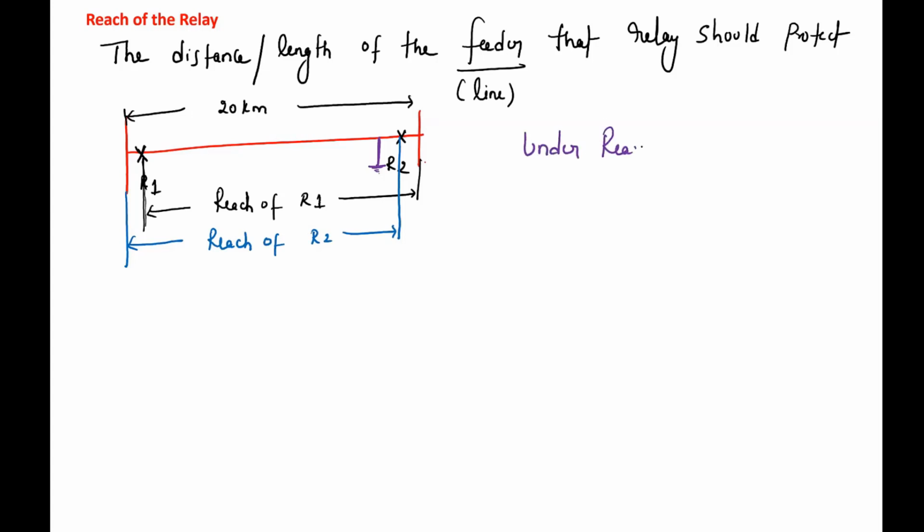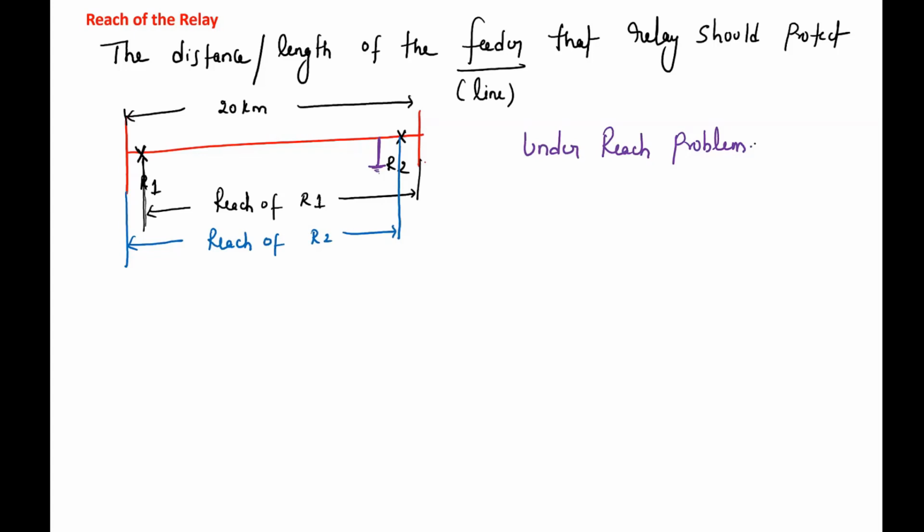Then relay R1 is having an underreach problem. It is not able to fulfill its complete reach. If the relay fails to operate for the faults within its zone or reach, then it has an underreach problem.